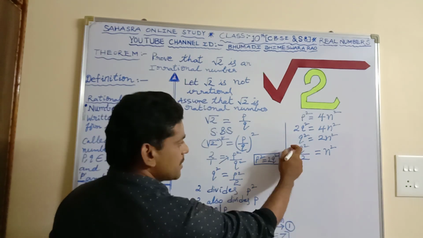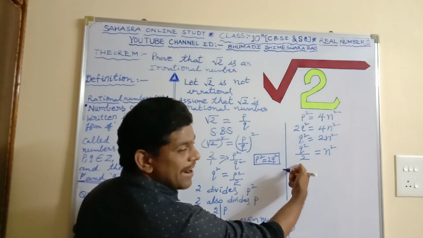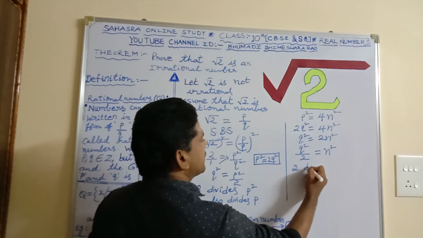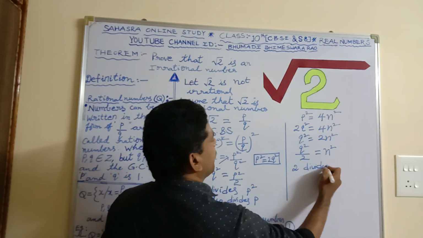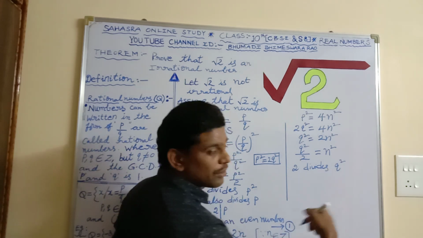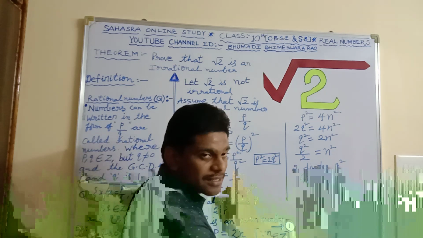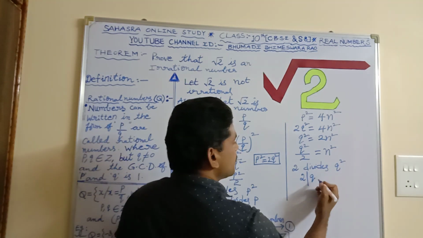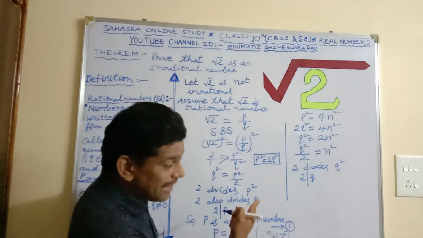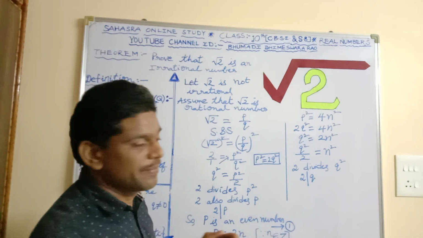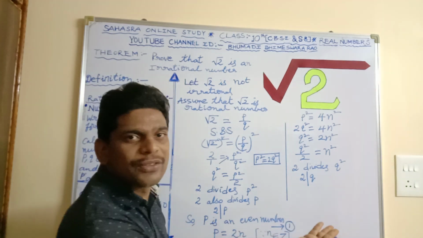Again, we notice q square is divided by 2. This is also called 2 divides q square. If 2 divides q square, 2 also divides q. So we notice q is also an even number. That's why 2 divides q.